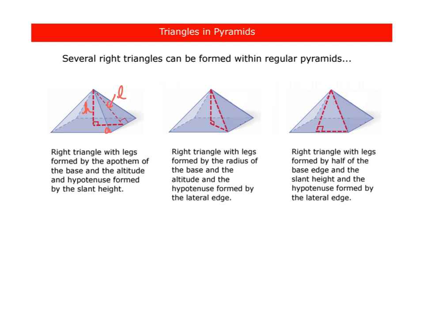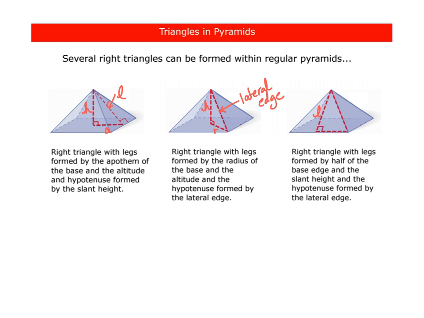In the second picture, you can see I have another right triangle formed inside of that pyramid. In this case, it's formed with the radius of my polygon base, the height of the pyramid, and the lateral edge. In the third picture, I have a right triangle formed on the lateral face.